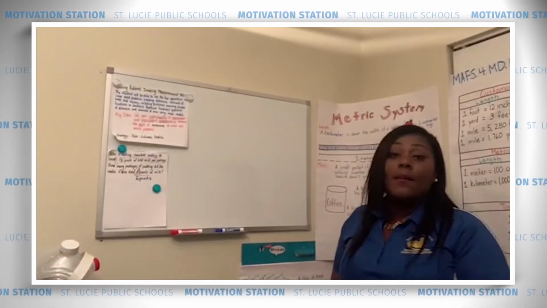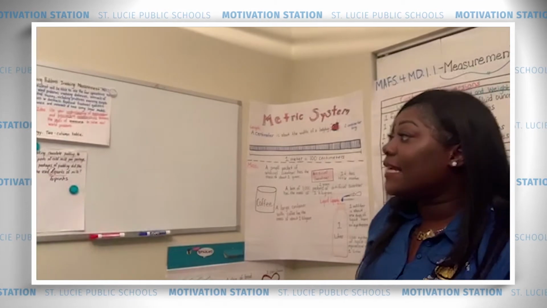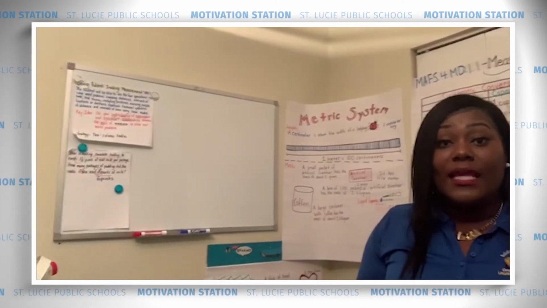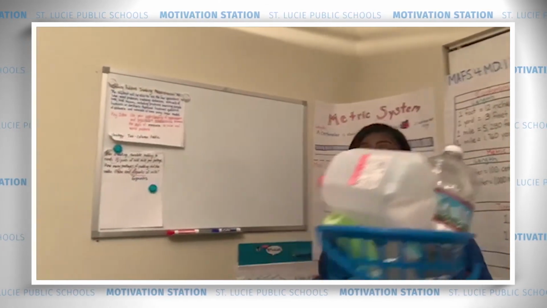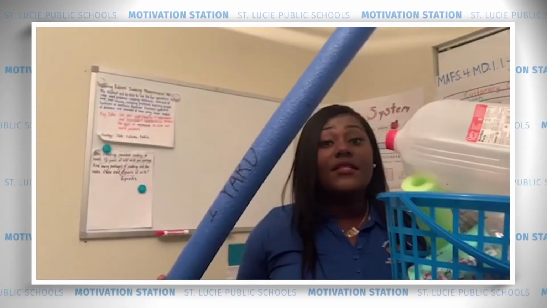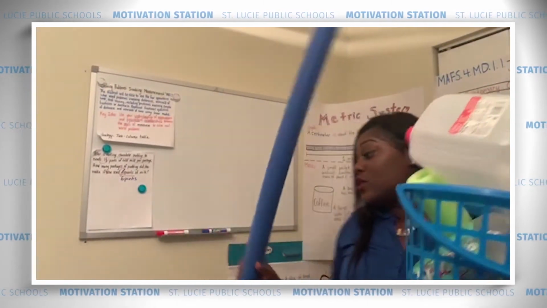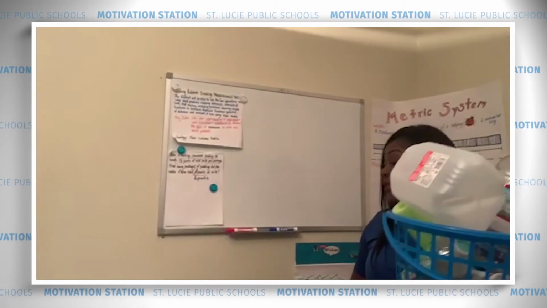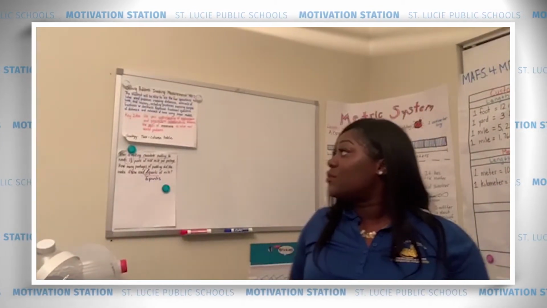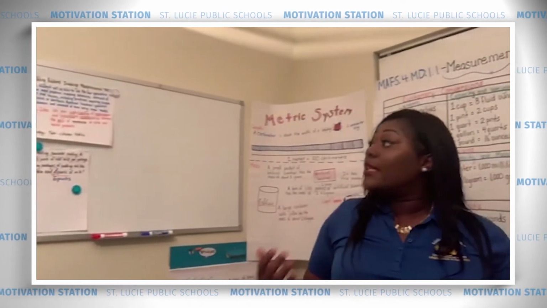So let's talk about the key idea. The key idea says use your understanding of measurement. And last week we went through lots of different sizes of these units so that we can have a clear understanding of how big or how small these units are. So in this lesson, we're going to use our understanding of these measurements and the equivalent relationships between the units.